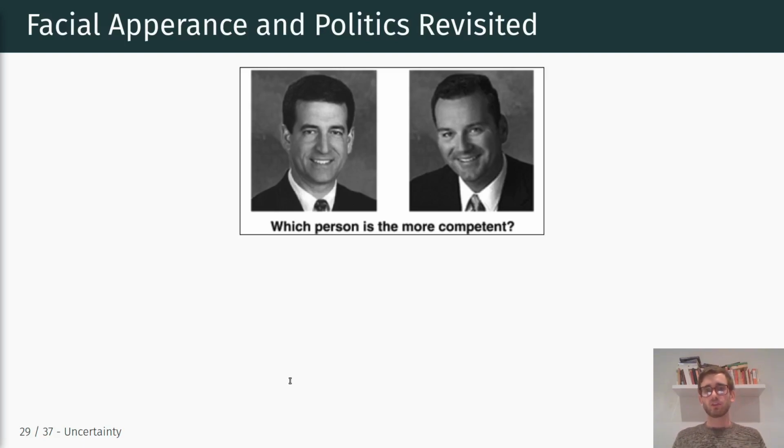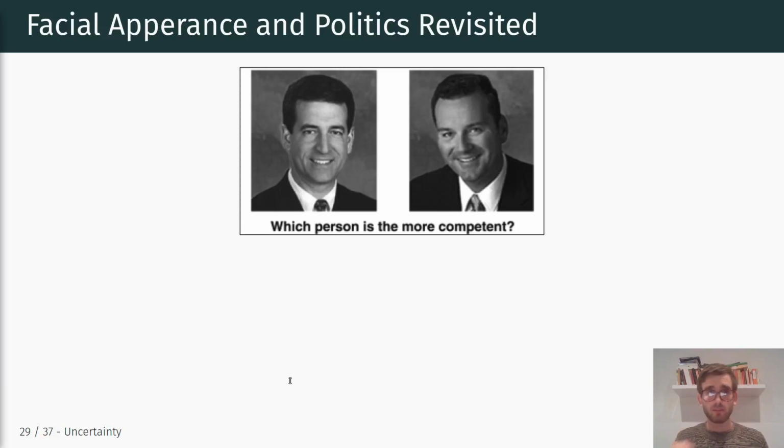This was an experiment where respondents were given the pictures of two unknown candidates who were running for office, and all the participants had to do was evaluate which of these people seemed more competent.